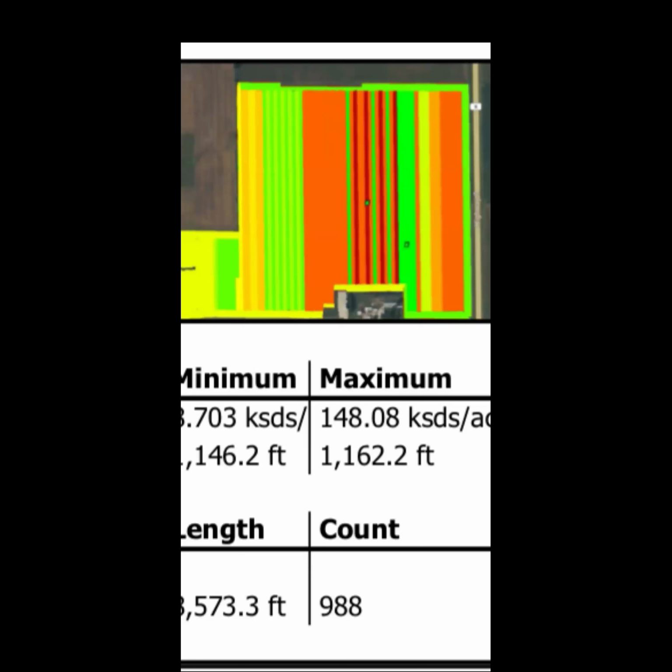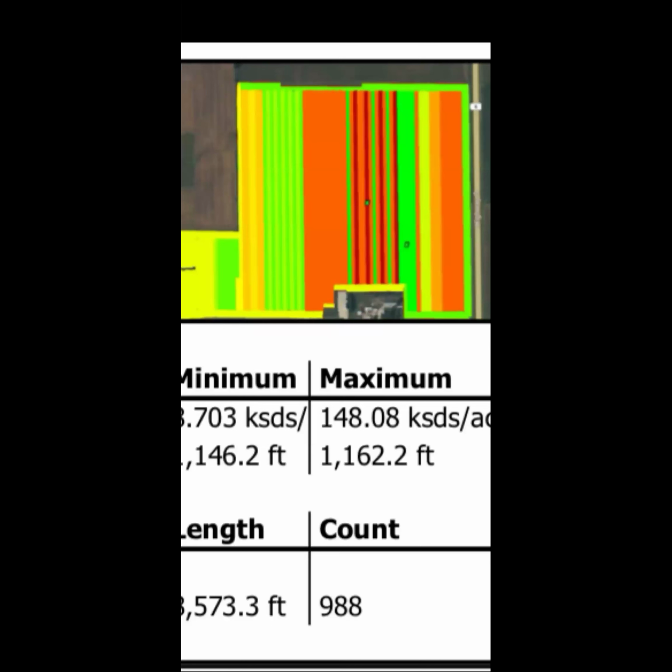Those are the replicated strips, and I selected 4 passes with organics, and then I still have 4 passes that have never had organics, and this would be the 3rd year on that farm for using organics. Those 4 passes have never had it in that time. So the strips are half-mile strips.